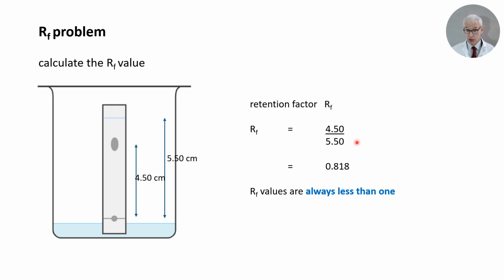Very common, students get this the wrong way up, but the RF value must always be less than 1. The distance travelled by the solute must be less than the distance to the solvent front. Obviously, the solute can't travel further than the solvent front, but is almost certainly going to travel a lesser distance. So RF values are always less than 1.